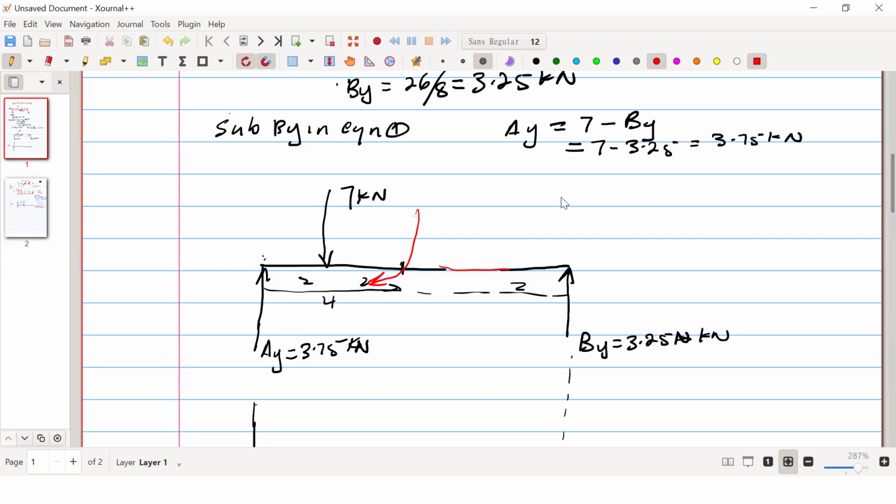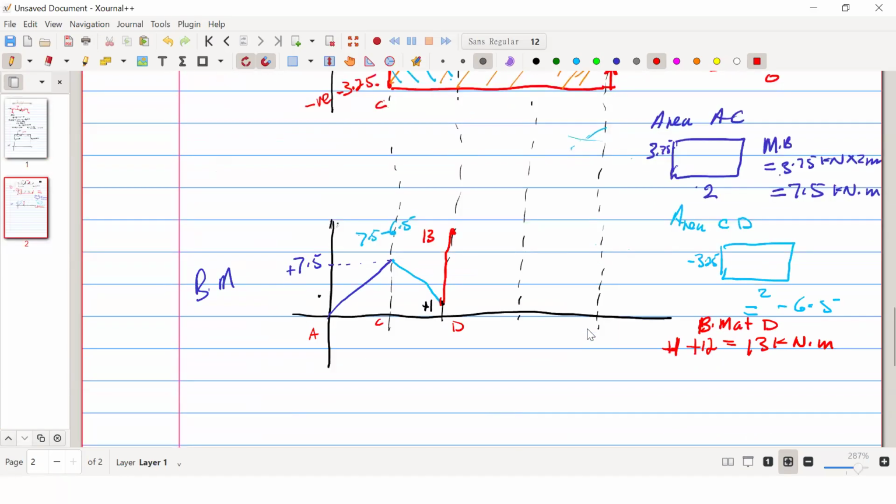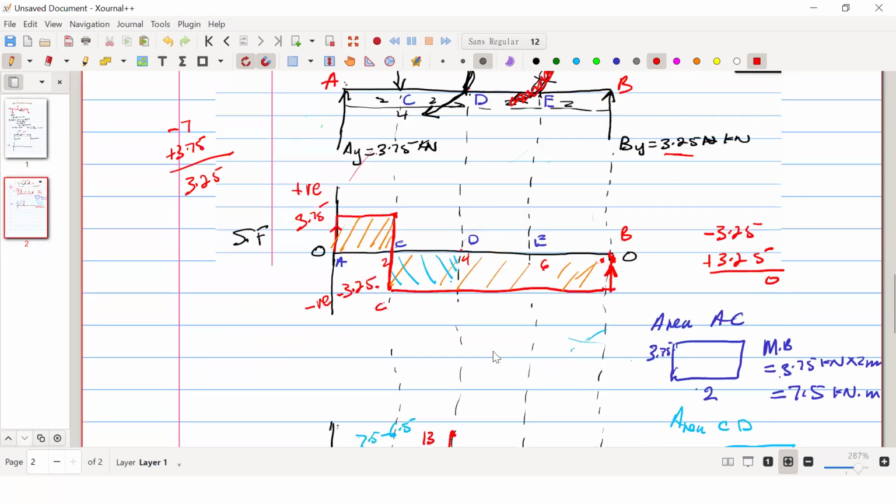We can look at our original slide. I think that was where it's supposed to be. And that is 12 kilonewtons, so that is what I am correcting. All right, let's go back down to where we were. Now that we have 13 up to this point, it's just straight on now.